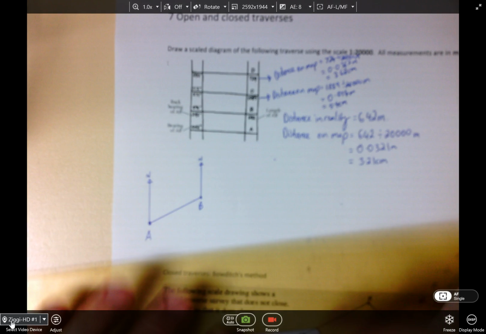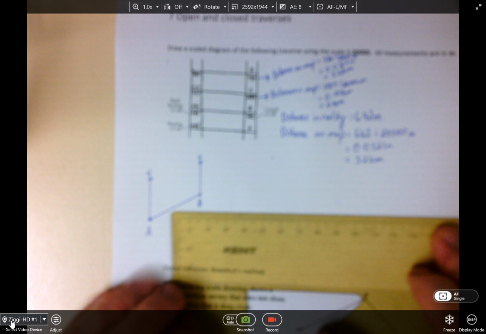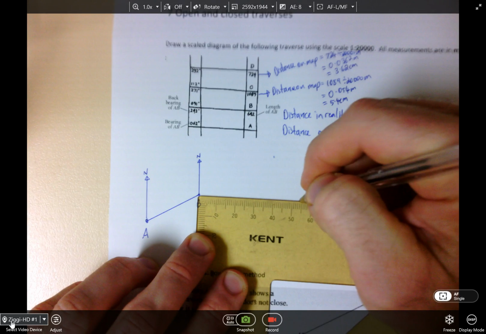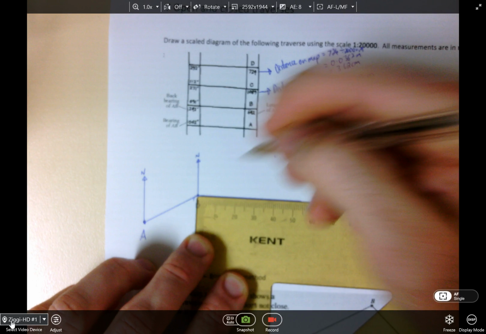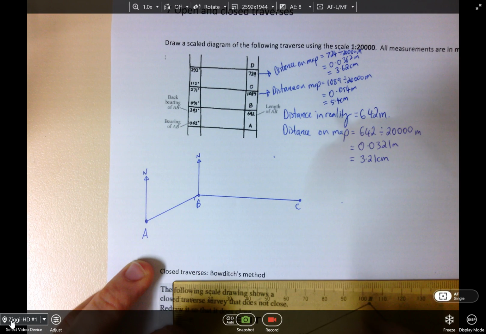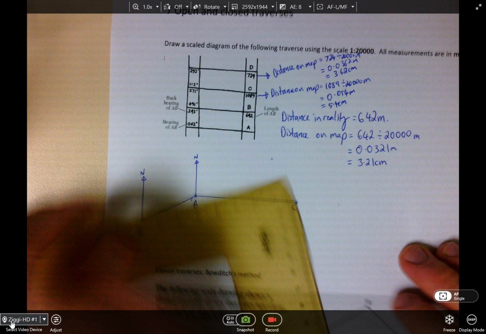You can do some of this in pencil if you're not comfortable. For a distance of 5.4 centimeters. Okay, to point C. And then from point C at a bearing of 102 degrees.